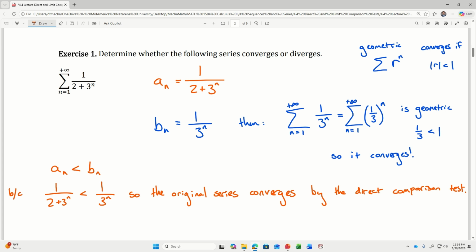It's supposed to be a question where you provide some kind of explanation, like show me with your work on the page that you understand why we are so certain that this original series is going to converge. And to do that, you have to show me that 1 over 3 to the power n is a geometric series, and you know that it converges because 1/3 is less than 1. And you have to show me that 1 divided by 2 plus 3n is always less than 1 over 3n, and that you are using the direct comparison test.